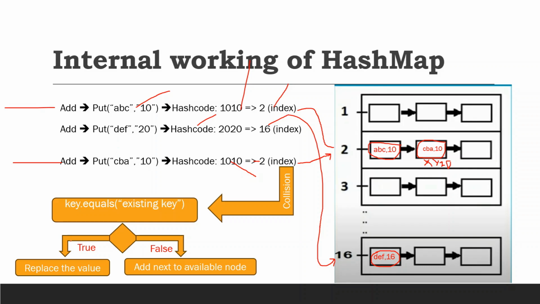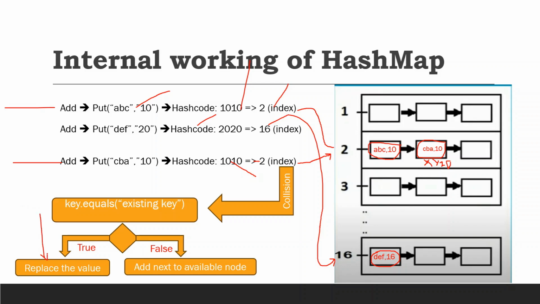In this scenario the check will be true, and it will replace the value. It will not store a new node here; the value of the already stored key will be replaced by the second value.